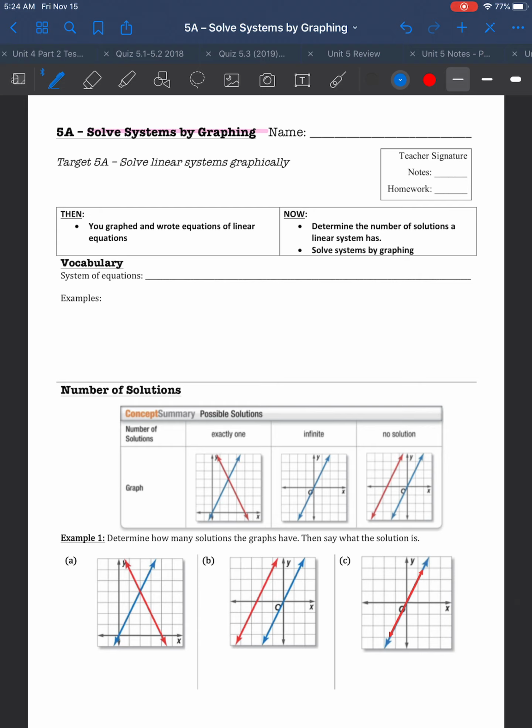Our only vocab word is systems of equations, which is a collection of two or more equations with two or more variables.